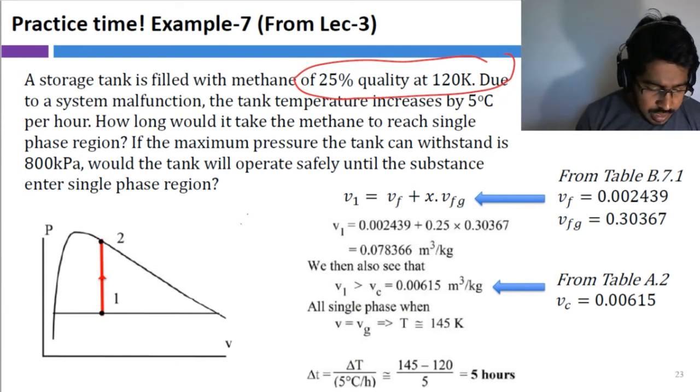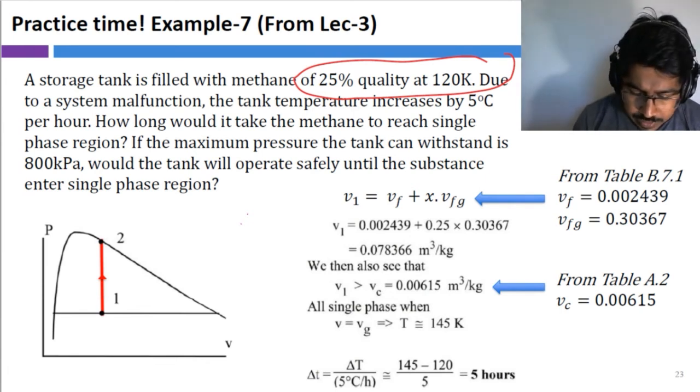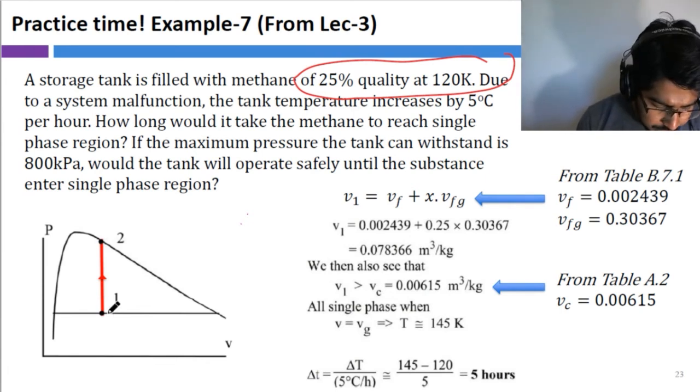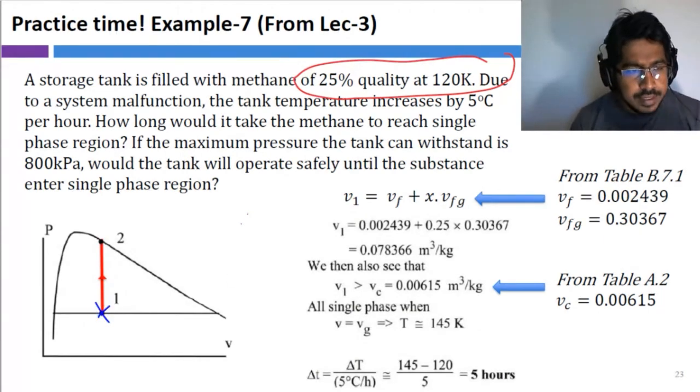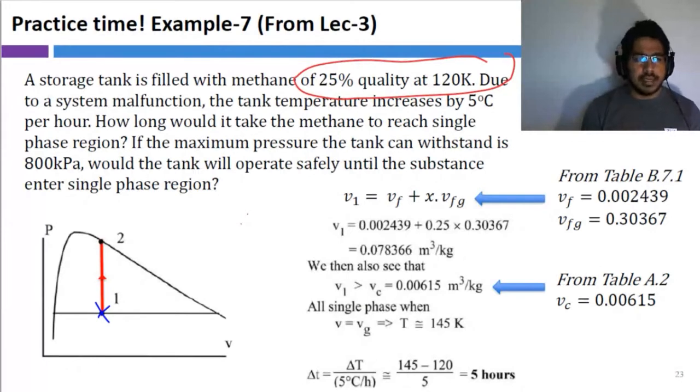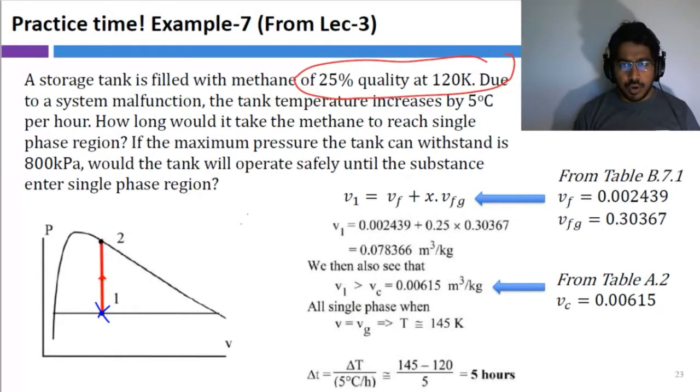If you look at our PV diagram indicated here, you can see our state 1 should be inside the dome, right? That is no argument because we have a quality given. And this is a storage tank. Usually storage tanks do not expand unless they are trying to explode, so we can assume the specific volume of the storage tank to be constant.